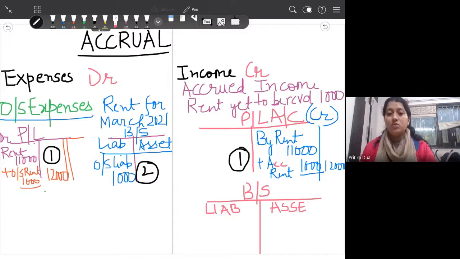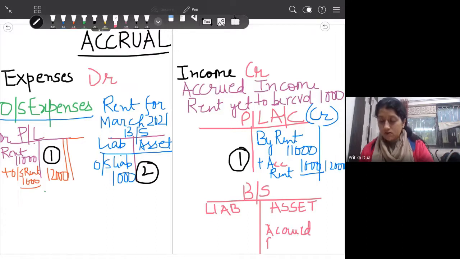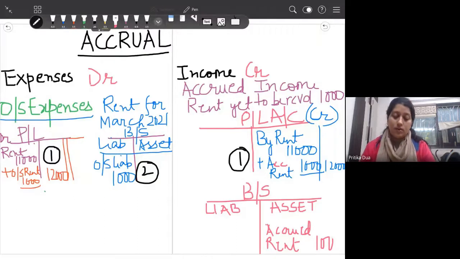Because इसका जो monetary benefit है वो firm को आएगा in the next financial year. तो ये आपका accrued rent will appear on the asset side of the balance sheet in form of current asset of rupees 1000, and this is the second impact of this adjustment entry.